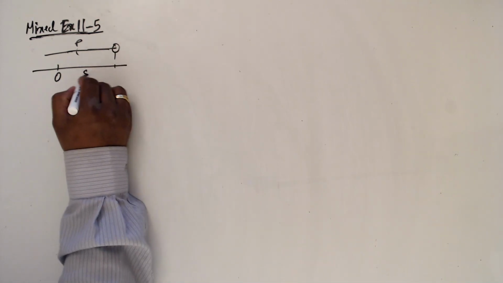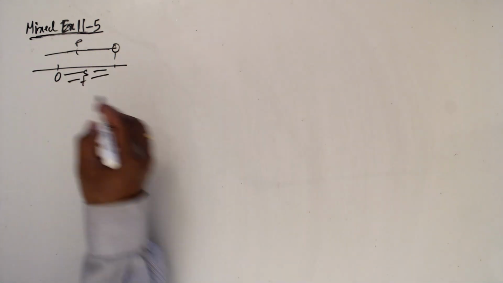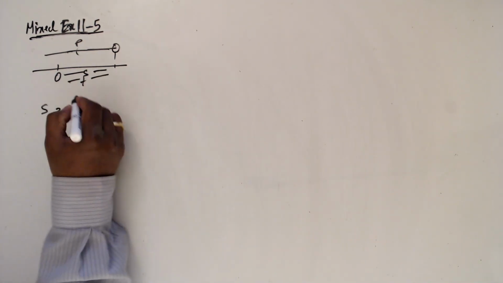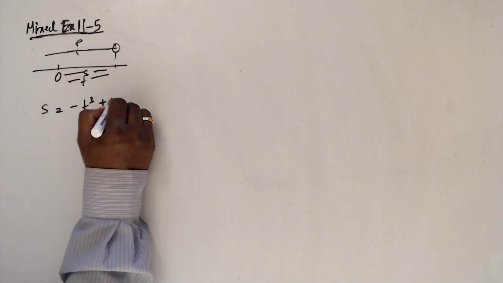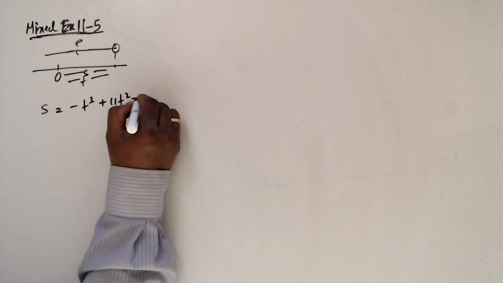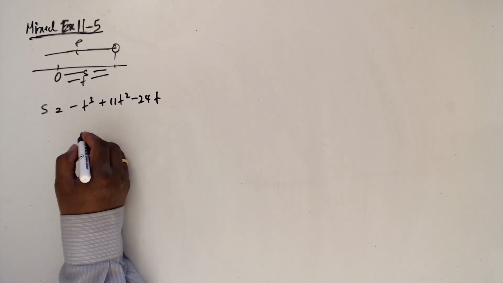So the displacement after t seconds is given by this equation, s equals minus t cube plus 11t square minus 24t. Find the expression of the velocity.